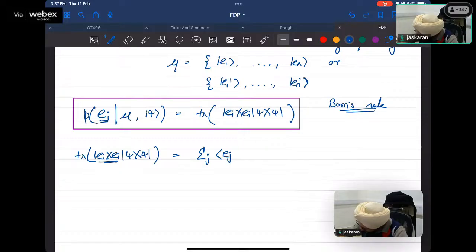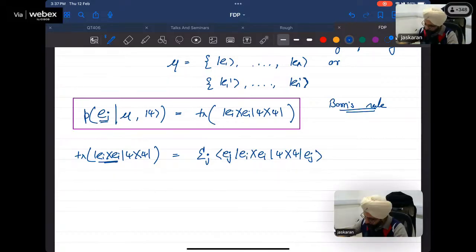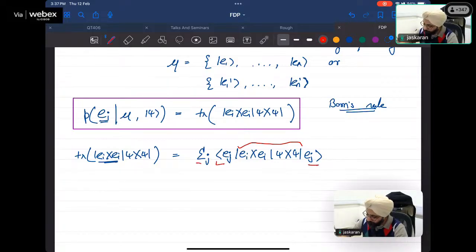So I will have EJ. So here, notice what I have done is I have taken the same object that I had and sandwiched it between EJ and taken a sum over EJ. Okay.